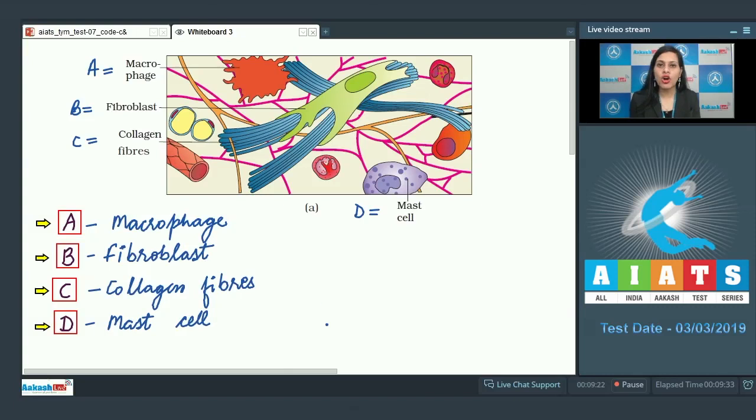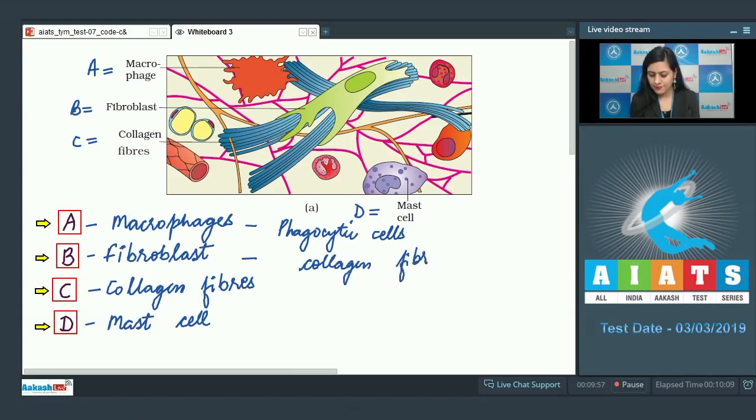Now we have to mark the option regarding the function of these labeled structures. So macrophages are phagocytic cells. Fibroblast cells secrete collagen fibers. Collagen fibers in turn provide strength to tissues.